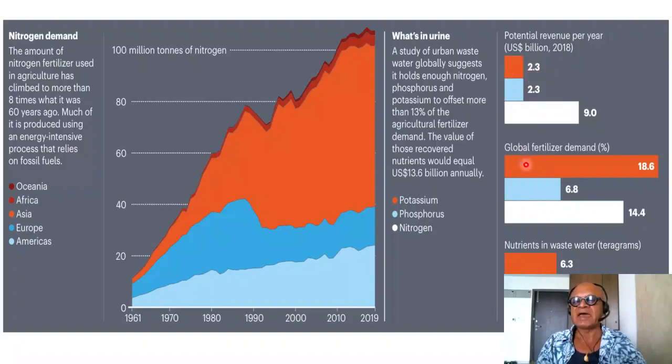Global fertilizer demand here in terms of percentage for potassium, phosphorus and nitrogen. Nutrients in wastewater in teragrams: 6.3 in terms of phosphorus, 3 for potassium, 3 for phosphorus and 16.6 teragrams for nitrogen.